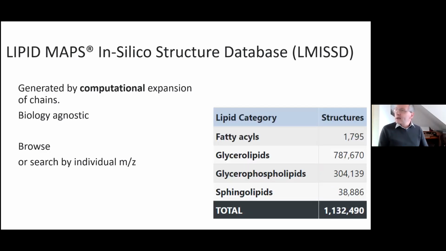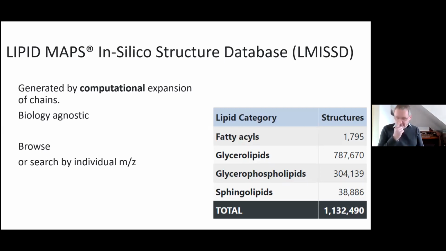The next database is the in silico structure database. This contains 1.1 million lipid structures generated computationally, and it's largely biology agnostic. So there's not much consideration about whether the acyl chains, for instance, in the glycerolipid are actually likely to occur.